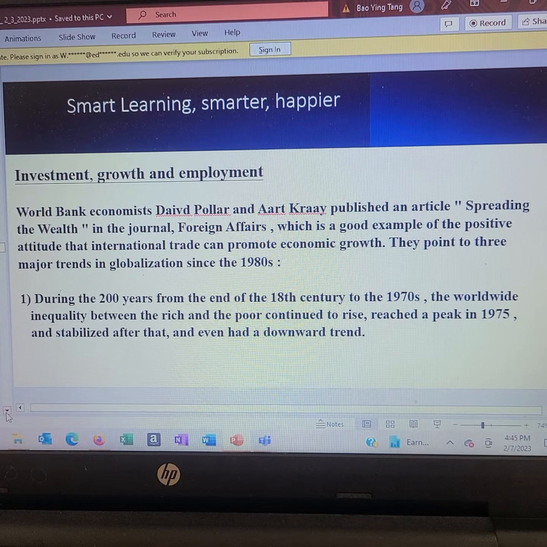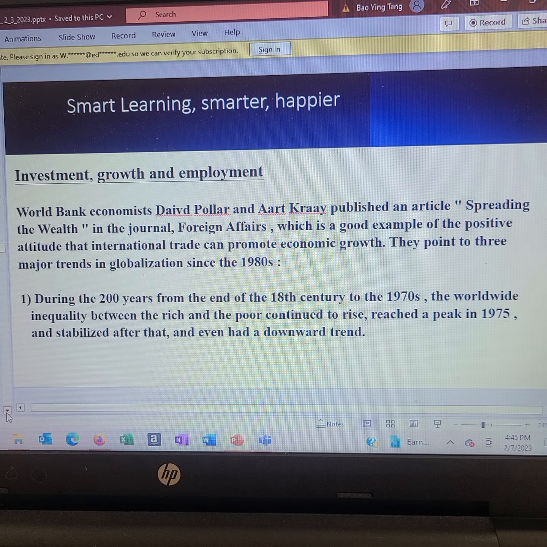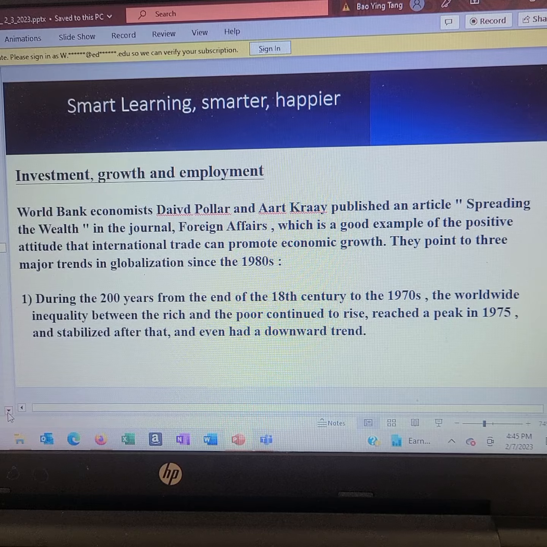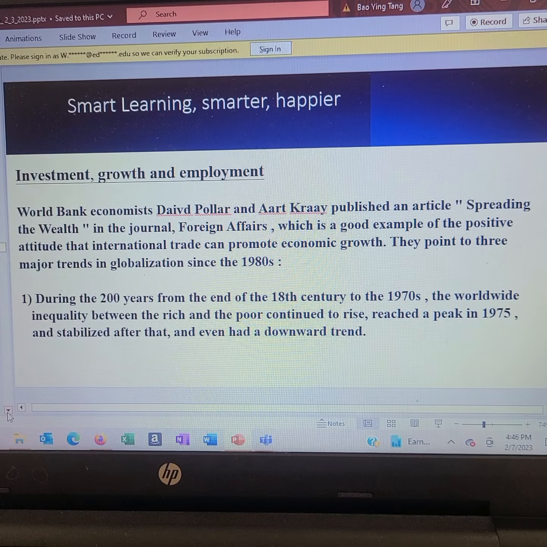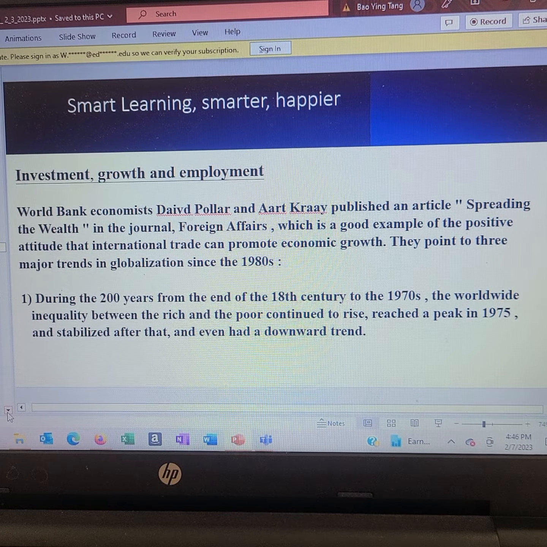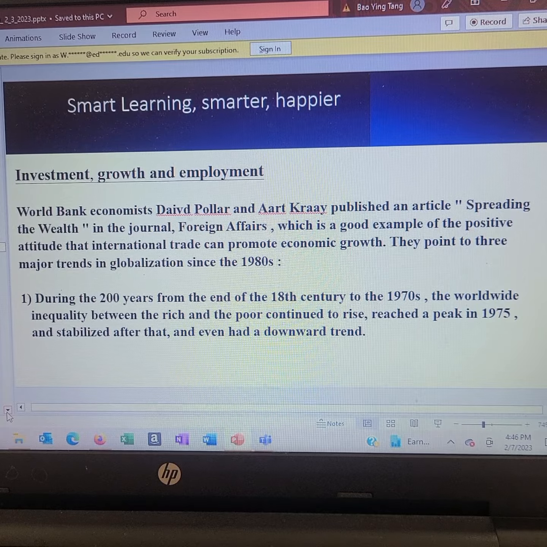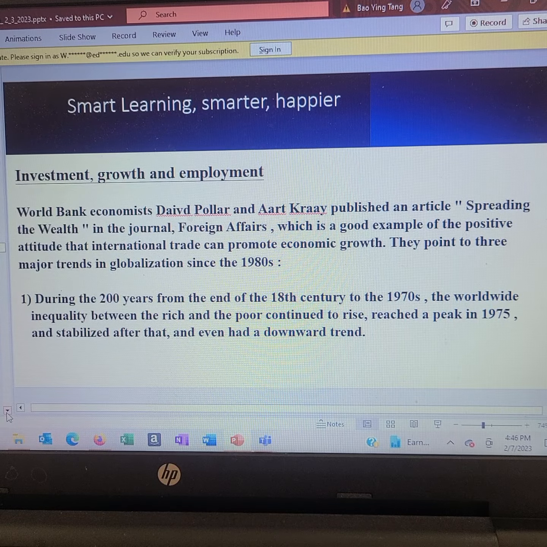First, during the 200 years from the end of the 18th century to the 1970s, worldwide inequality between the rich and the poor continued to rise, reached a peak in 1975, and stabilized after that, and even had a downward trend.